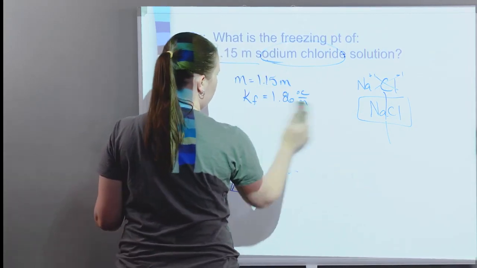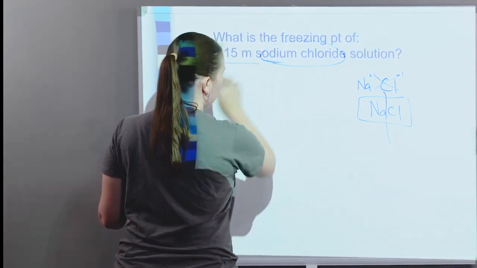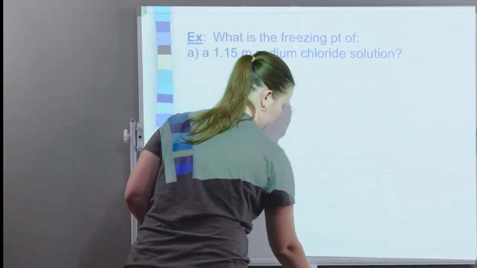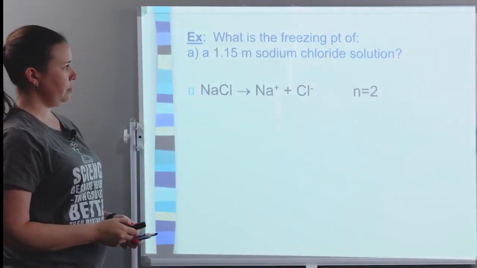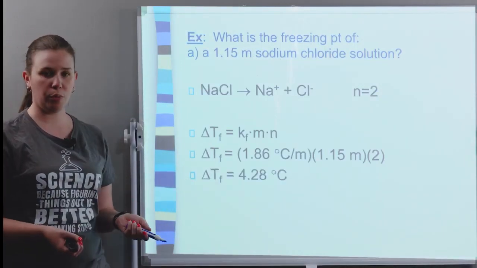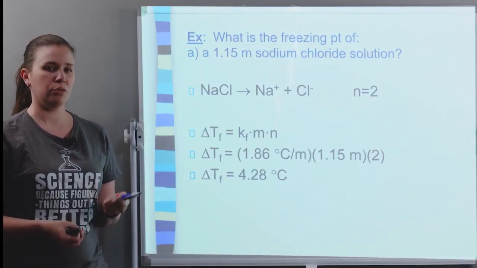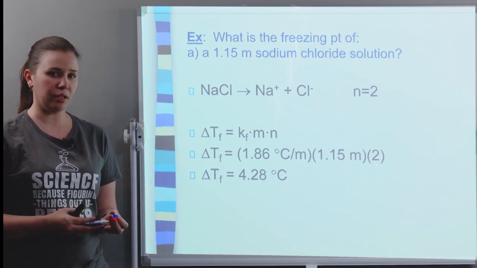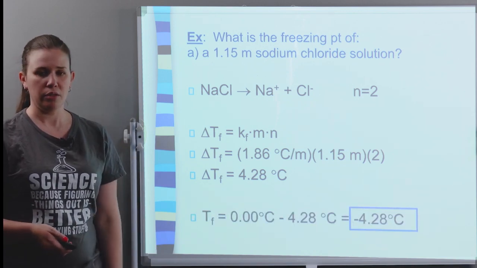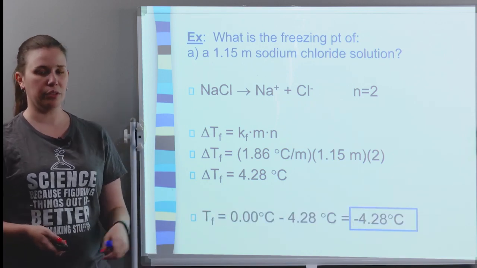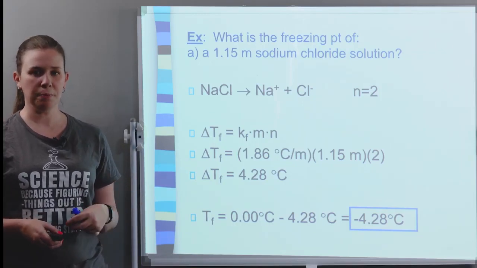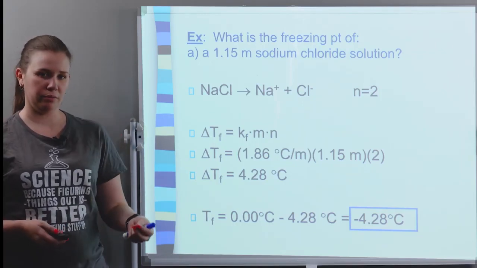So let's punch that in the calculator, see what we get. All right, so we got our 2 particles, we've plugged in the formula. We should get a delta T of 4.28 degrees Celsius. So does that mean that the solution is freezing at 4 degrees Celsius? No, remember we're going down from 0. So it would actually freeze at negative 4.28 degrees Celsius. If we were using this formula to find delta Tb, we would then go up from 100.